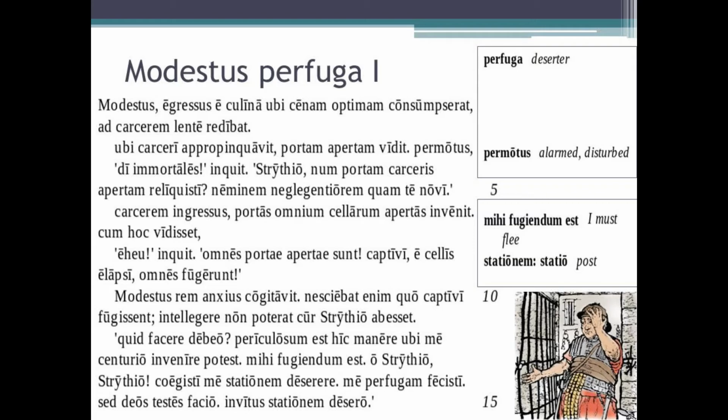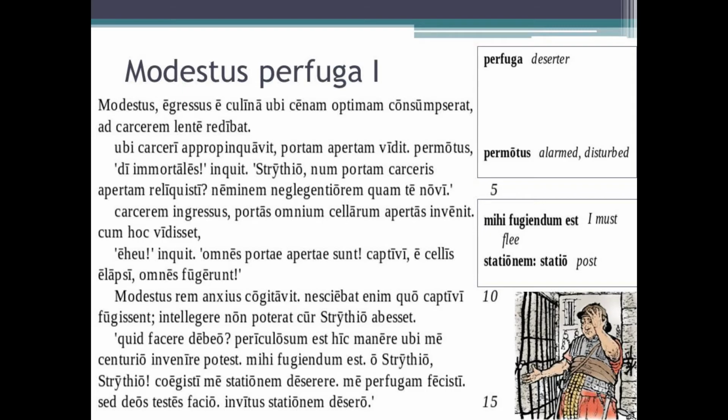Modestus rem anxie cogitavit. Nesciebat enim quo captivi fugissent; intellegere non poterat cur Strithio abesset. "Quid facere debeo? Periculosum est hic manere ubi me centurio invenire potest."